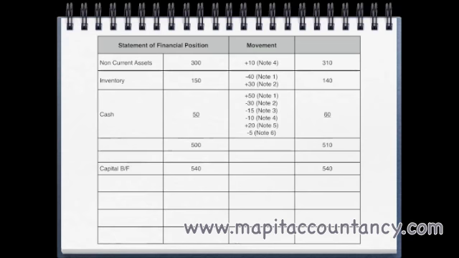Looking at the capital, well, the same amount is brought forward. We add in the profit from the income statement, which we'll look at in a second. It's 25. Then the capital introduced, well, Jim had 20 introduced, so that was note 5, so that will increase his capital. Less the drawings of 5, so he had 5 in note 6, bringing drawings to 75, and that gives us our total capital of 510.